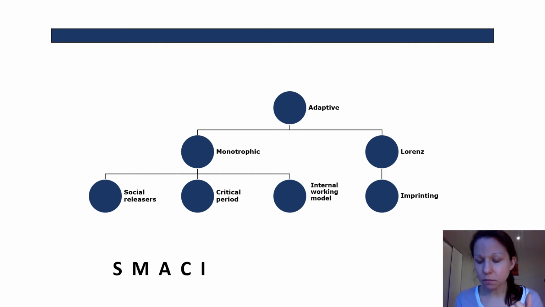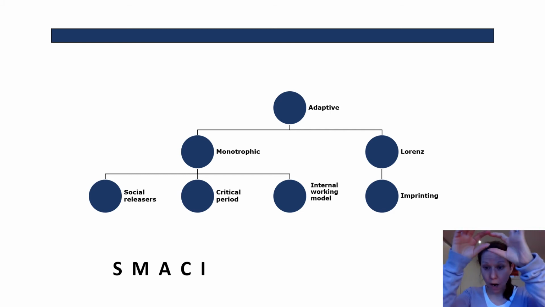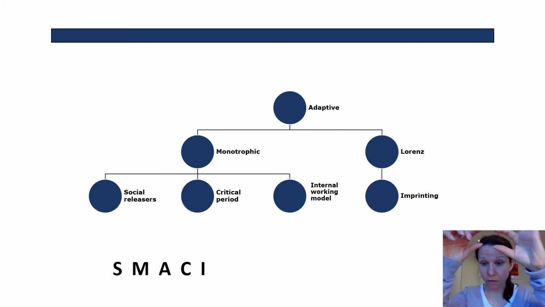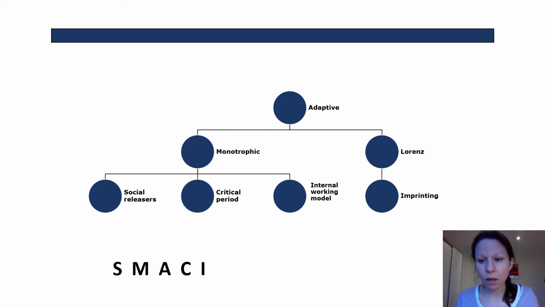So our S, social releases. Our M, monotrophy, one main important attachment. Our A, and why I've put it at the top of the diagram there, is because all of the rest sits underneath that, is just that word adaptive. Bowlby thought that this whole idea of forming an attachment was an adaptation. It was something we've evolved to do in order to aid our survival.